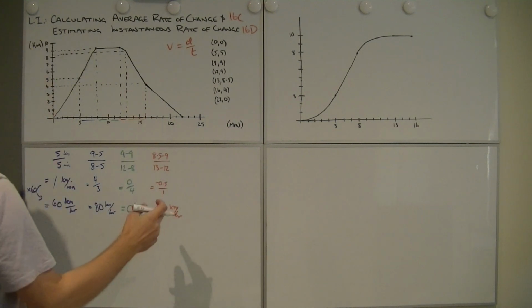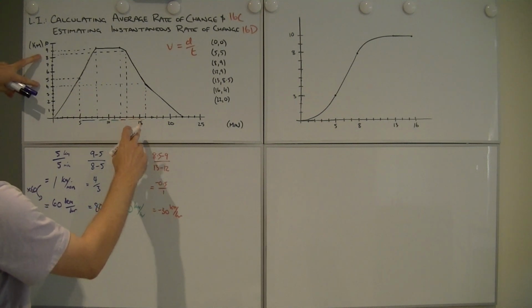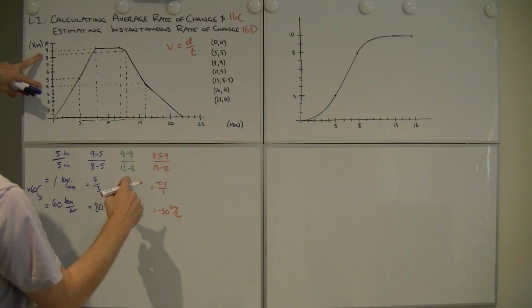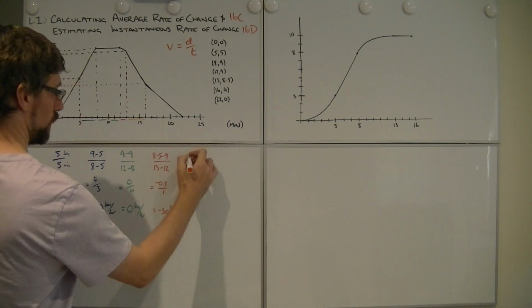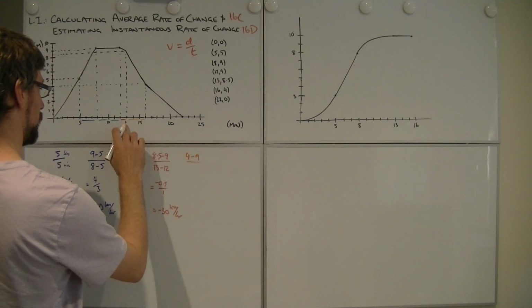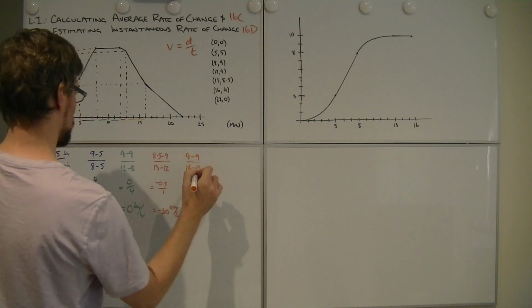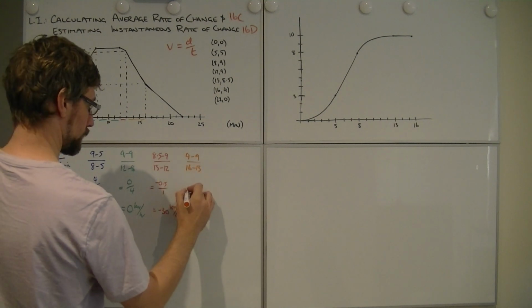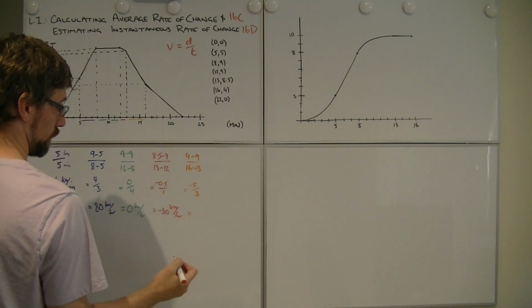Okay, so last bit, which is getting a bit tedious at this point, but we'll keep going. So we went from 9 to 4, okay, so get these the right way around. 4 minus 9 over 16 minus 13, 13.50, yep. Minus 5 on 3, times that by 60, what do we get?